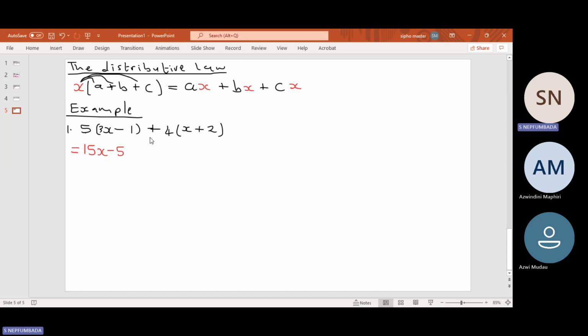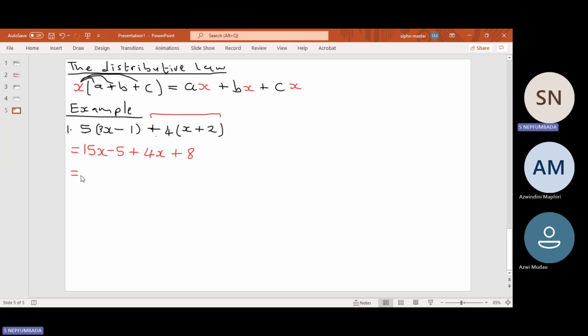Therefore, we are done with the first brackets. Now we're going to the second brackets. Plus 4 times x is positive 4x, and plus 4 times 2 is positive 8.